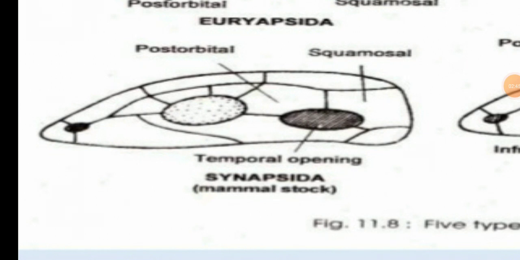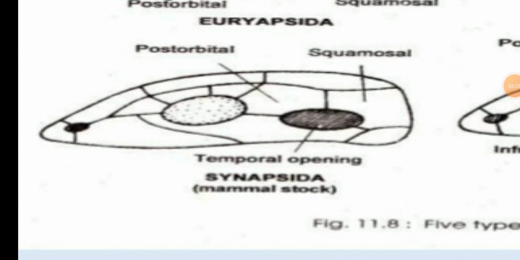In this we will find only a single fossa, which is placed at the infratemporal base, called the infratemporal fossa because it is more towards the base of the skull, and this kind of skull is flanked by jugal, postorbital, squamosal, and quadratojugal bones, and it has given rise to present day mammals.